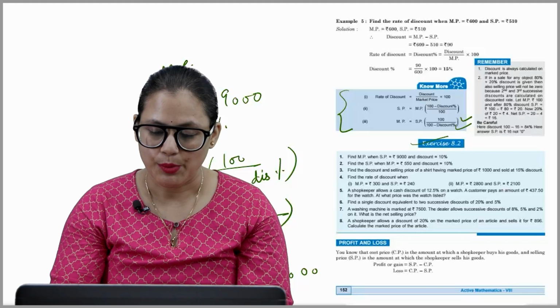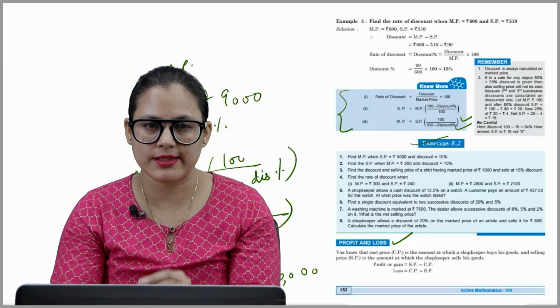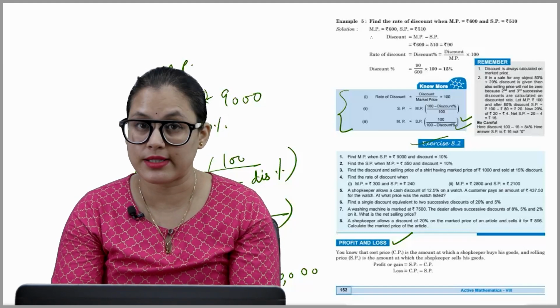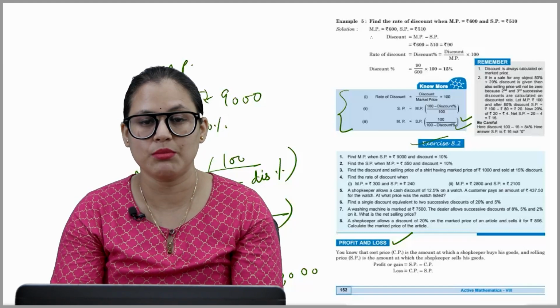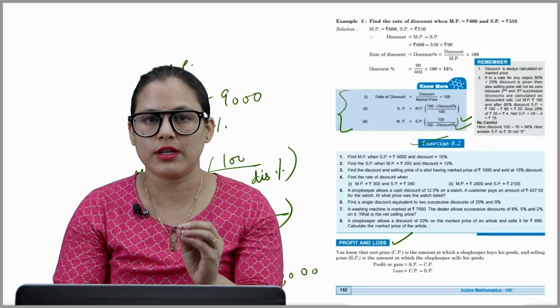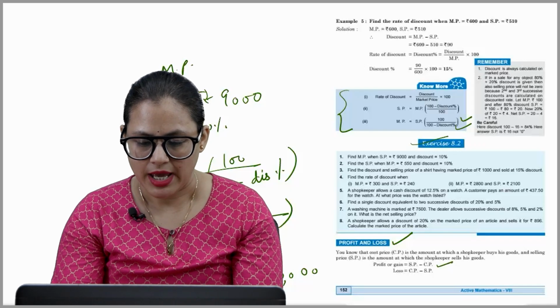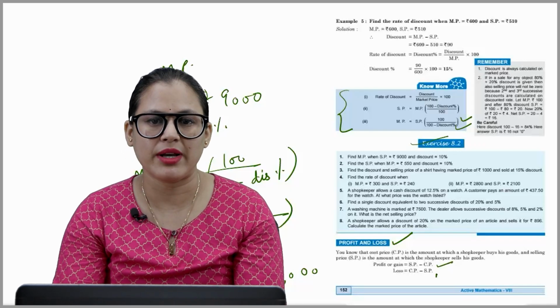Next, profit and loss. You know that cost price is the amount at which a shopkeeper buys his goods and selling price is the amount at which the shopkeeper sells his goods. If he gets a profit or gain, the formula is SP minus CP, and the loss formula is CP minus SP.